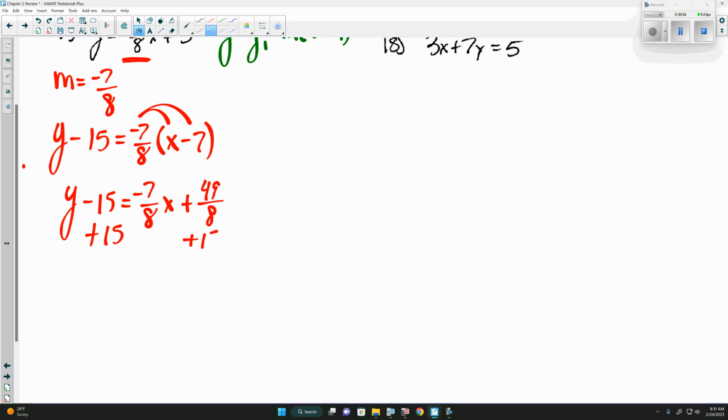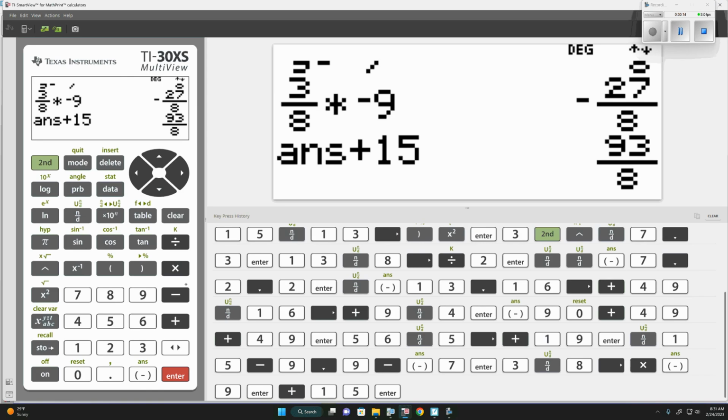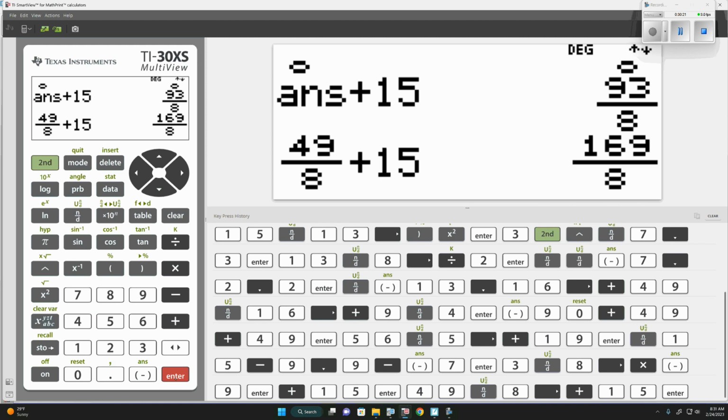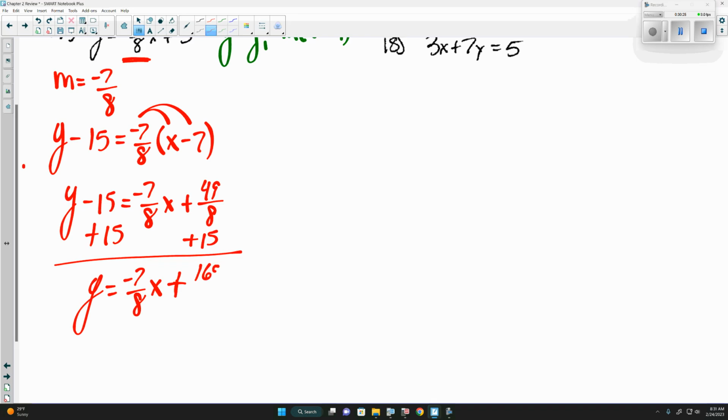And lastly, we can add 15 to both sides, telling us y is equal to -7/8 x plus, well, we'll actually have to add those. 49 eighths plus 15 is 169 eighths. And that would be the equation of our new line.